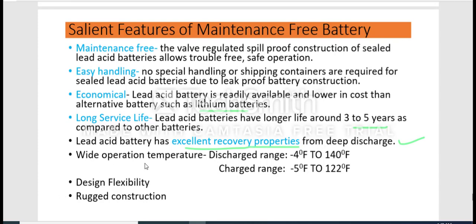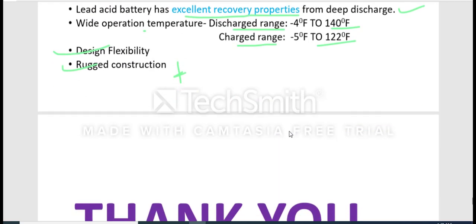Then wide operating temperature: the discharge range is -4 degree Fahrenheit to 140 degree Fahrenheit, and the charge range is -5 degree Fahrenheit to 122 degree Fahrenheit. Then design flexibility: we can design any type of battery. Then it has rugged, robust construction. So these are the salient features of maintenance free battery.